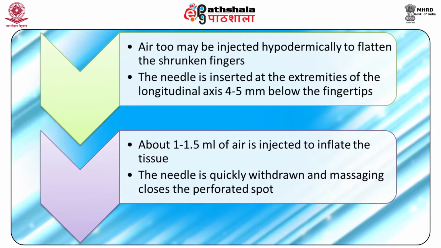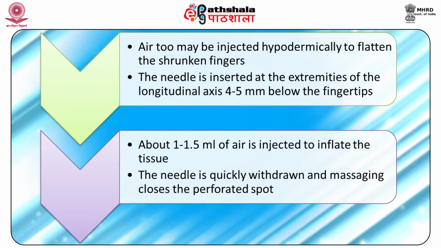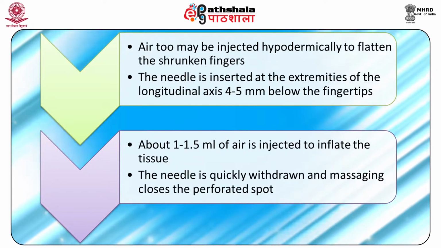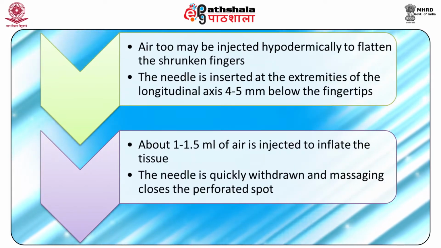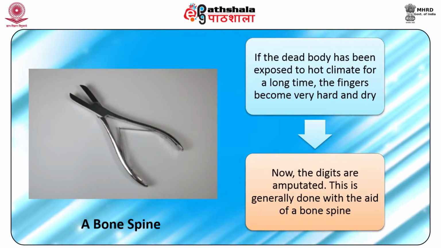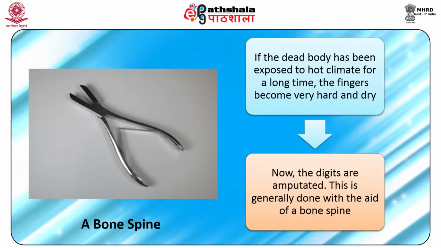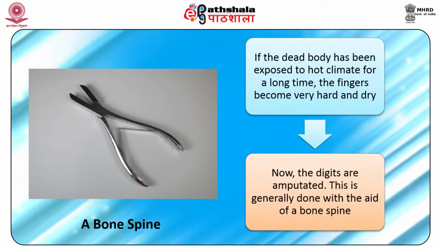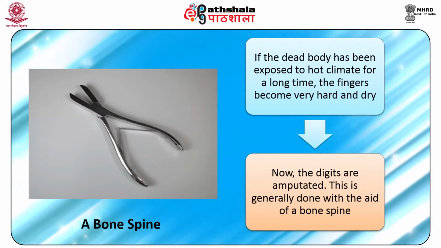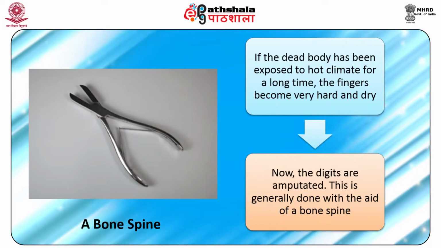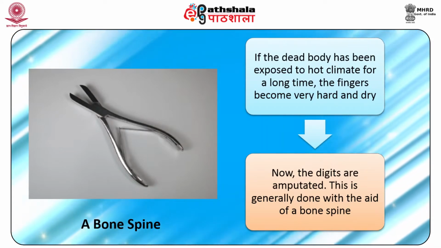The needle is quickly withdrawn and massaging closes the perforated spot. If the dead body has been exposed to hot climate for a long time, the fingers become very hard and dry. In such cases, the digits are amputated.